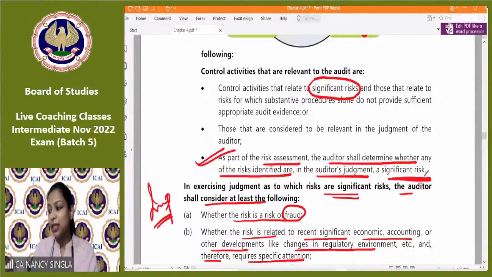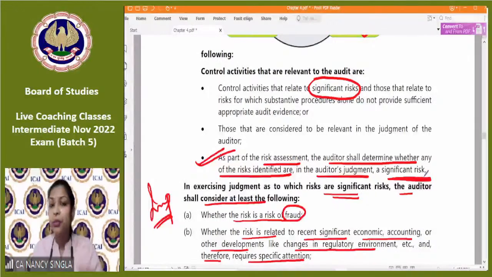Yes, measurement uncertainty is a significant risk, Dhanalakshmi. Why? Because when there is measurement uncertainty, the management may use this as a chance to commit fraud. Management may use such a situation to commit fraud. If management wants to increase the profits, it will make a low provision for bad and doubtful debts.